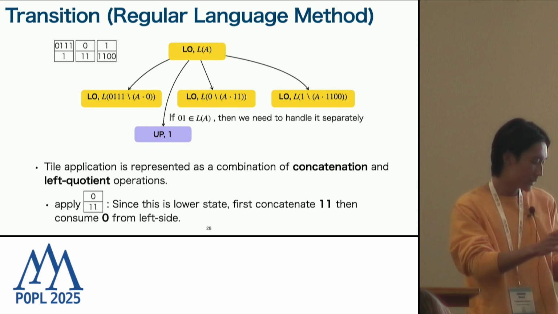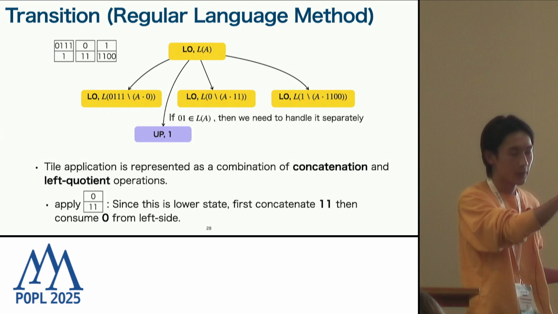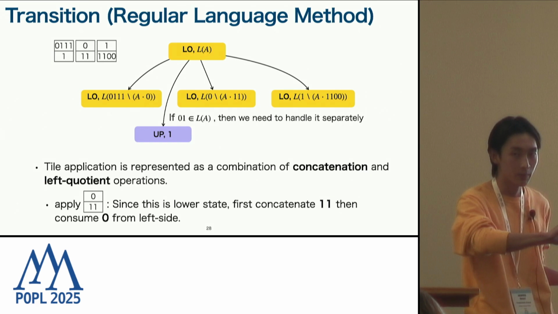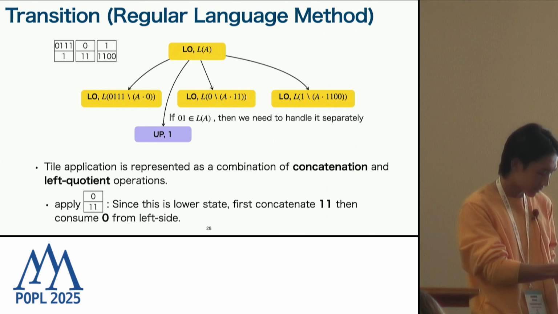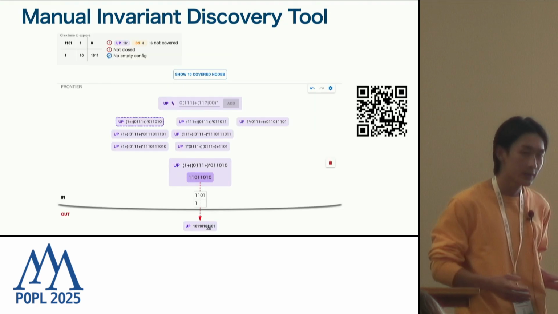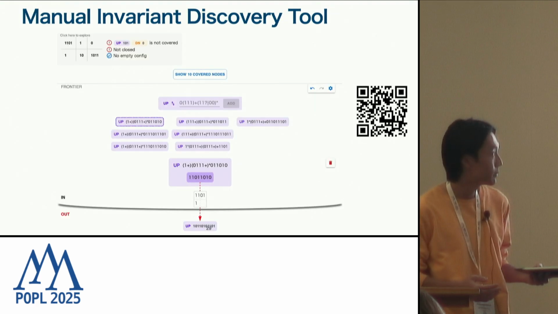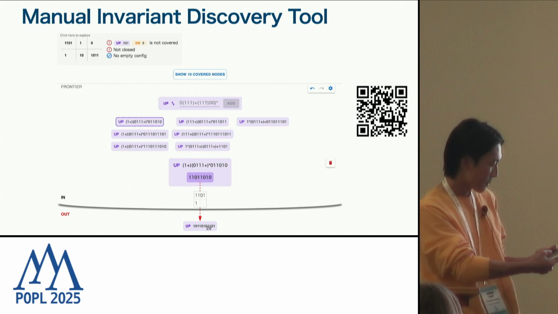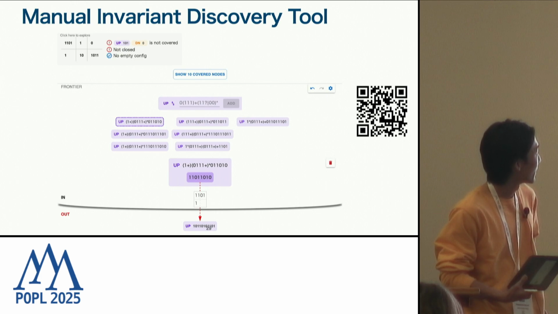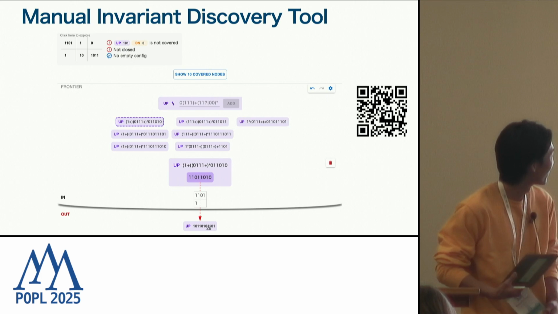Using these two methods, the infix prefix suffix method and the regular language method, we could solve almost all problems automatically. But to tackle instances we couldn't solve automatically, we made a manual invariant discovery tool. By using this, you can find an invariant manually.